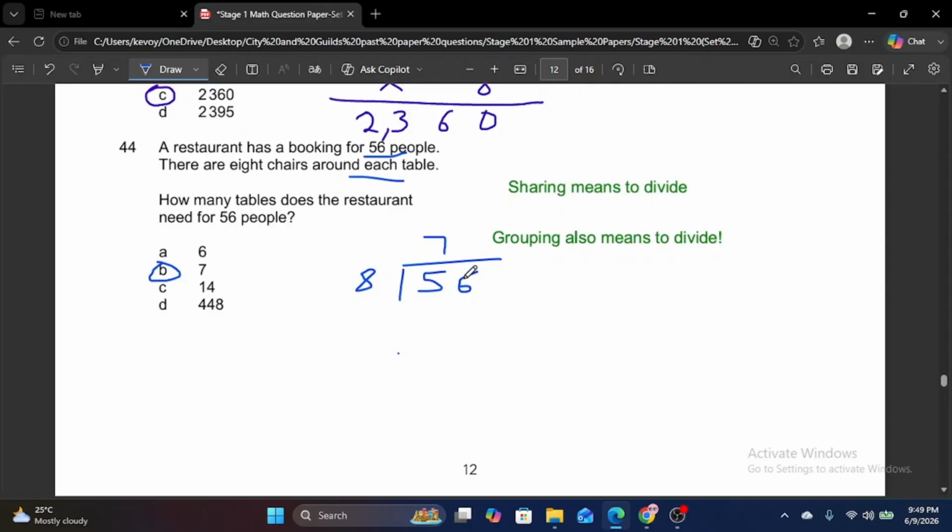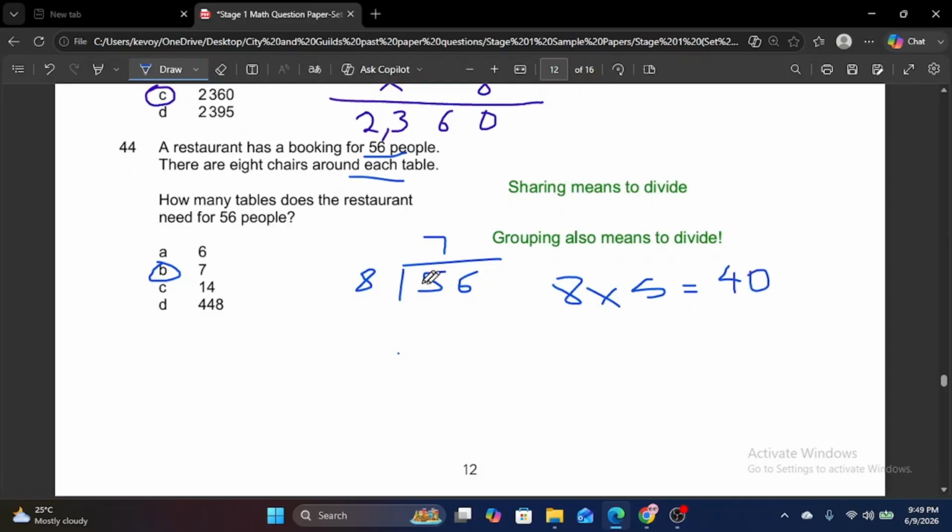So practice your timetable. If you want to remember that multiplication is repeated addition, and you know what 8 times 5 is, right? 8 times 5 is equal to 40.